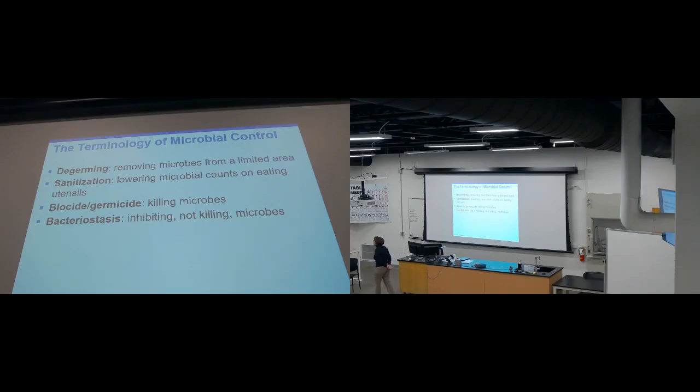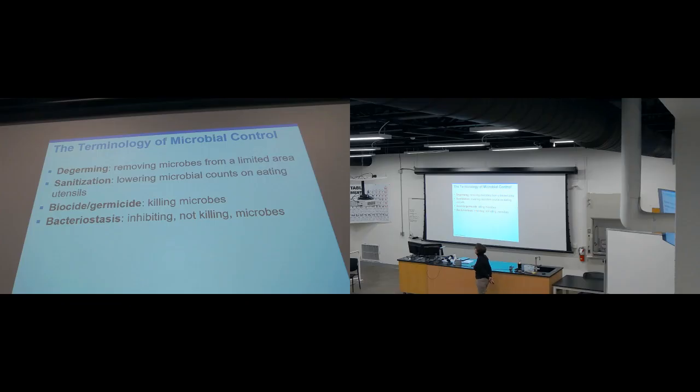And that will be in eating utensils. And then we have this generic name, which is called biocide or germicide, which means killing microbes. And then we have this other term, which is biostasis or bacteriostasis, which means inhibiting but not killing microbes.